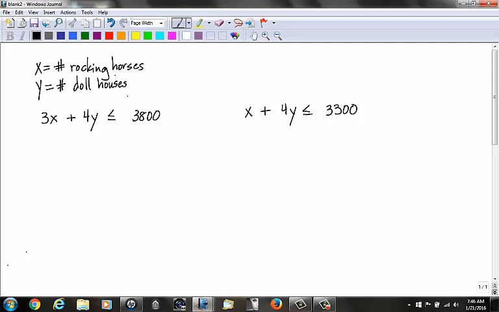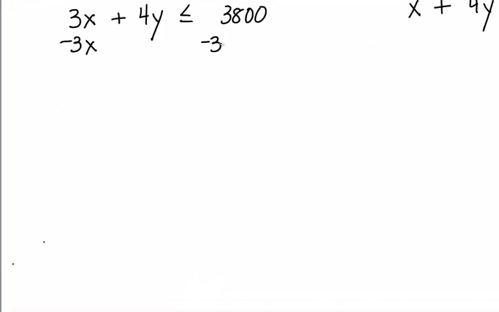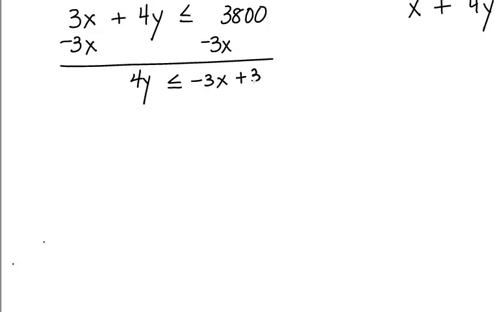You've got to get y by itself first before you can put it in. And remember, on inequalities, if you multiply or divide by a negative, you have to reverse the arrow. In this case, we're dividing by a positive, so the arrow's okay.